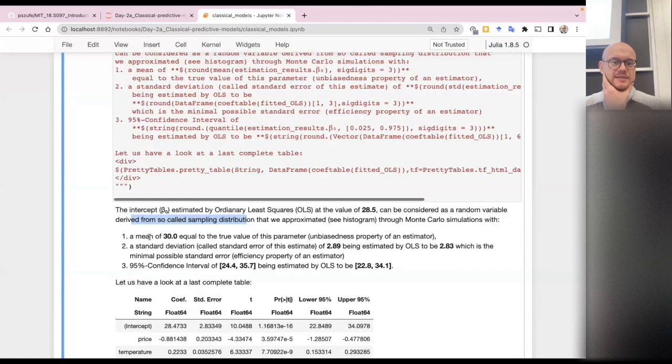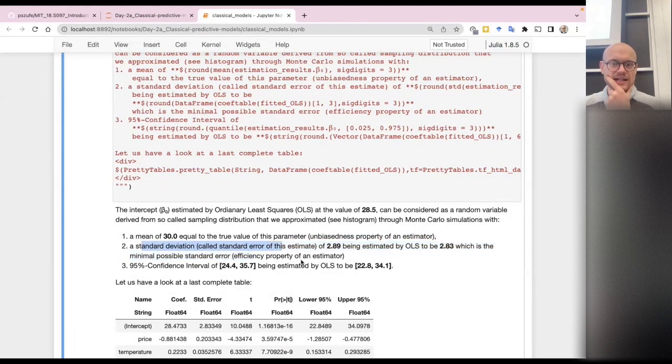And you can expect that, on average, you will be correct, because the expected value of this distribution is exactly 30, which is equal to the true value. This is called the unbiasedness property that Bartek was mentioning.